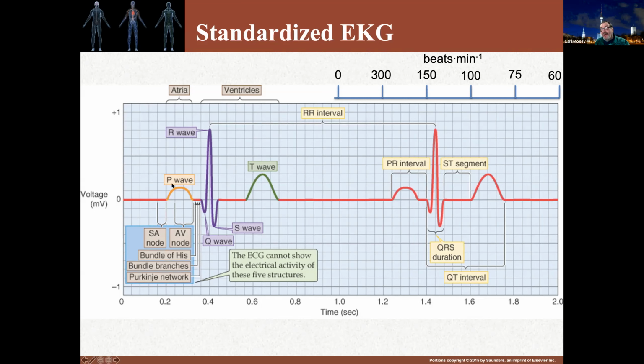First, the P wave, right here. This is the first wave in an EKG tracing, and it's certainly in the three limb leads a positive wave. So in other words, you find it in this upright position like this. The P wave denotes the depolarization and contraction of the atria.